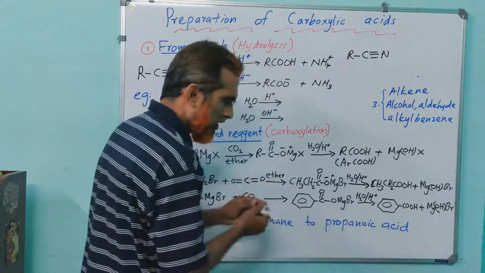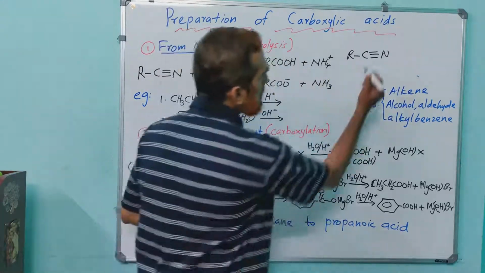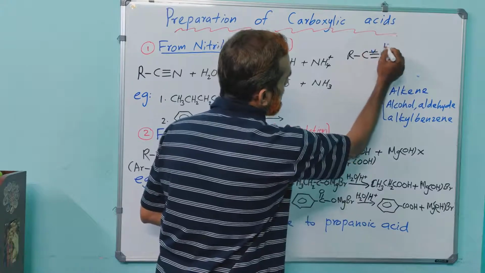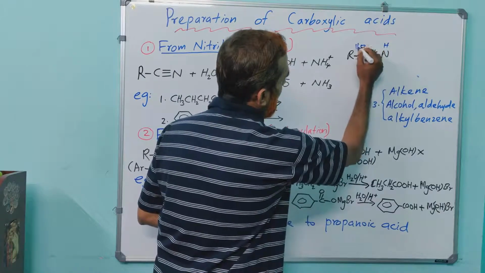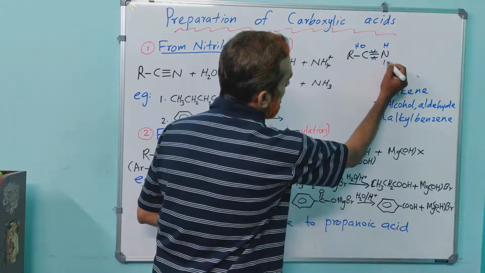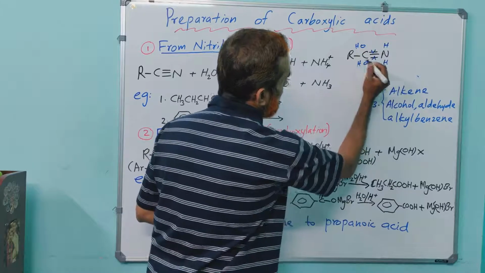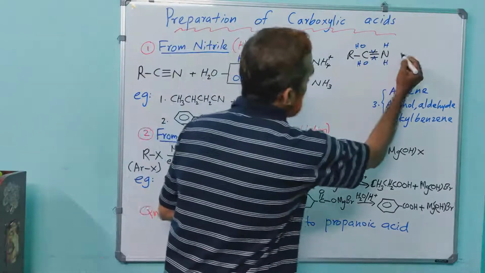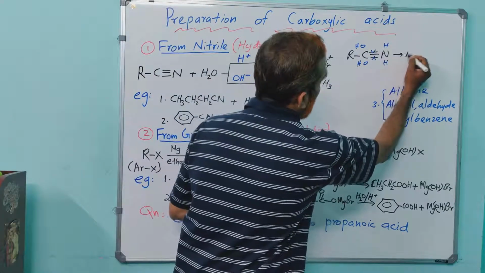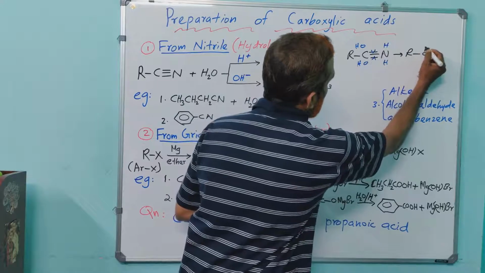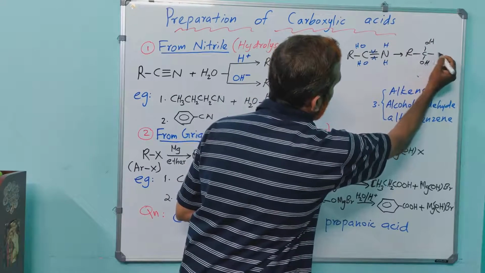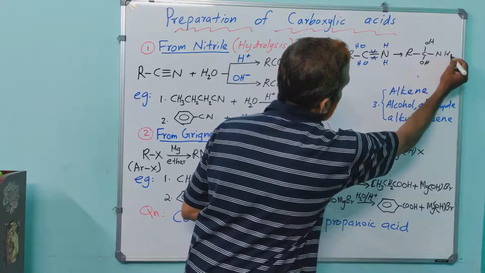So first of all, we add two water molecules breaking two bonds. This bond is broken, H and OH is added. One more bond is broken, H and OH is added. So what you get? One bond is intact. So it becomes now RC with two OH groups and a single bond NH2.